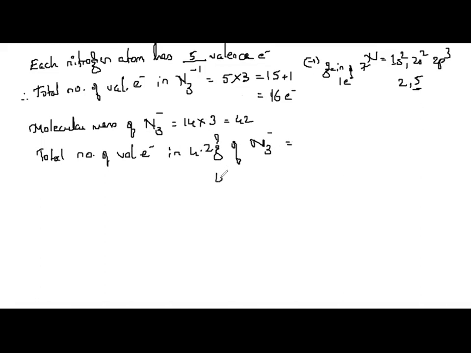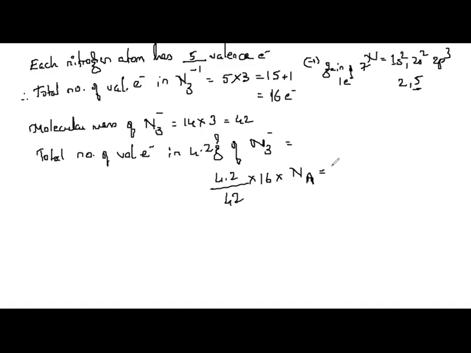It will be 4.2 grams divided by molar mass 42, into how many electrons per molecule? It is 16 into Avogadro number. Correct? Avogadro number of particles will be there. So solve it out. The answer comes out 4.2 over 42, which is 0.1.